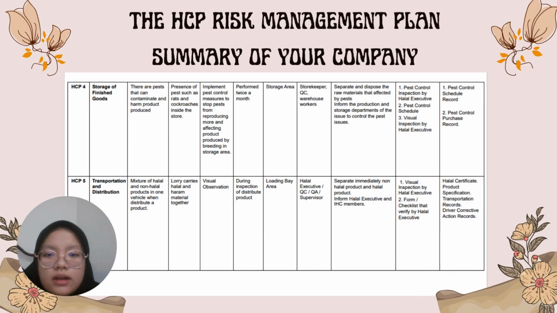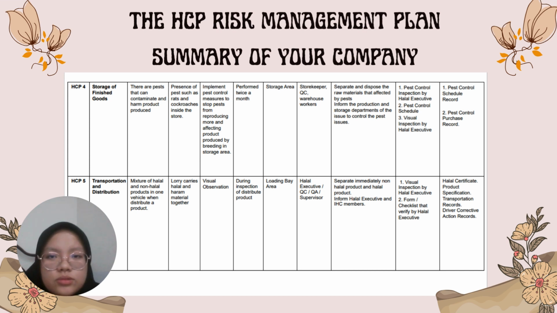So now let's move on to halal control point number 4, which is about the storage of finished goods. In storage, there are pests that can contaminate and make the product haram. The presence of pests such as rats and cockroaches is the same as in the previous storage part.